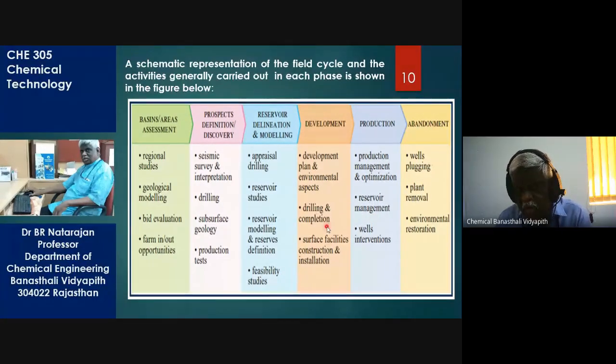Once you have extracted oil from the well, you have to abandon the well. That requires well plugging, plant removal, right? And environmental restoration. So many things are involved. So don't think that exploration and drilling is just a very small activity. A whole lot of activity goes on there.